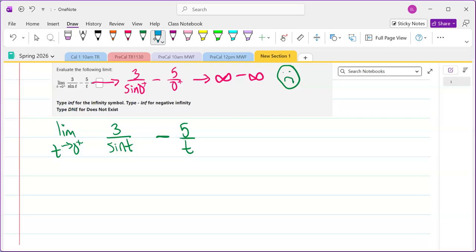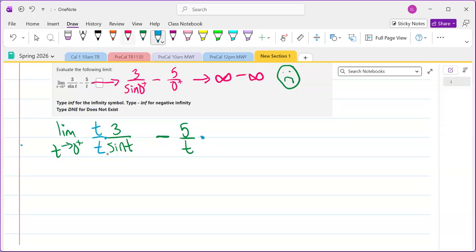To combine these, what do I need to make fractions smash? My denominators are sine of t and t. So my common denominator is both of those things. My first fraction has sine of t, but it's missing t. So I'm going to multiply by t over t. That's just a weird form of 1. I can always multiply by a weird form of 1.